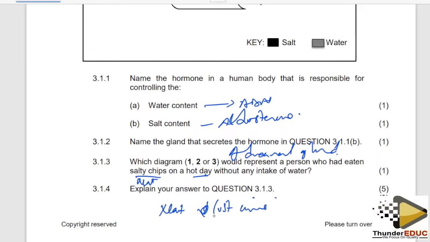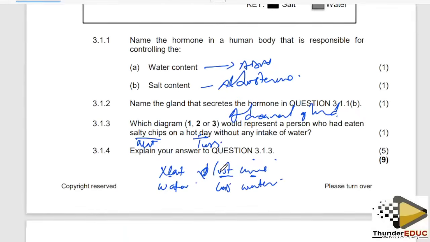You understand? And if I have less water because you sweat too much, meaning that you lose a lot of water, what I expect is to reabsorb more water and lose less water in the urine.